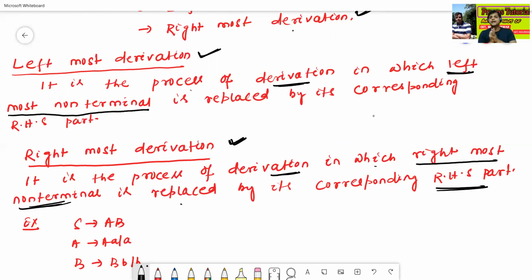Leftmost derivation means the leftmost non-terminal is replaced by its corresponding RHS part, but in rightmost derivation the rightmost non-terminal is replaced by its corresponding RHS part. Now we'll try to understand derivation, leftmost derivation and rightmost derivation with the help of one example.